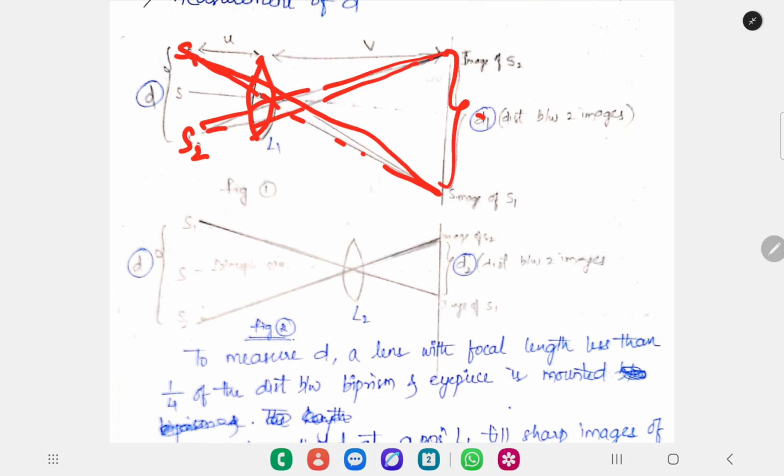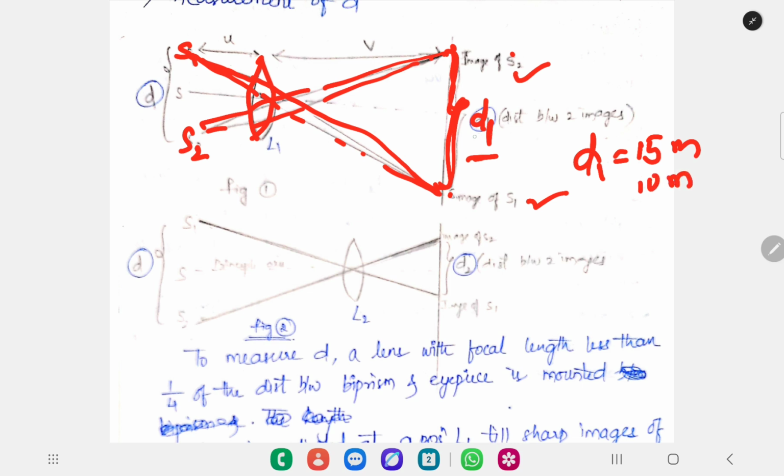Let us suppose whose distance is some d1. Here you can see the correct images of S2 and S1. So we can say this is d1. Now we can find out the distance and write d1 is equal to some 15 meters or 10 meters, whatever we get, we can write.